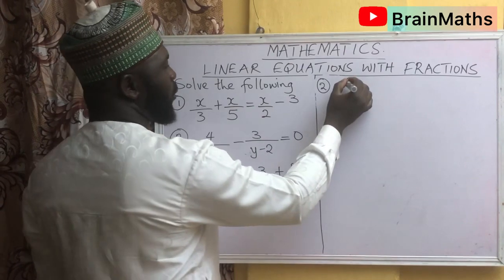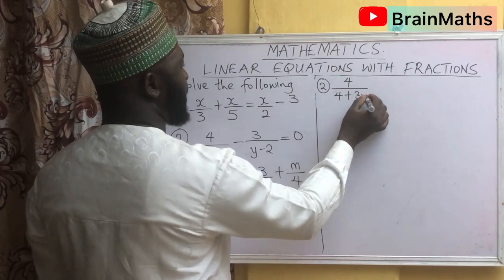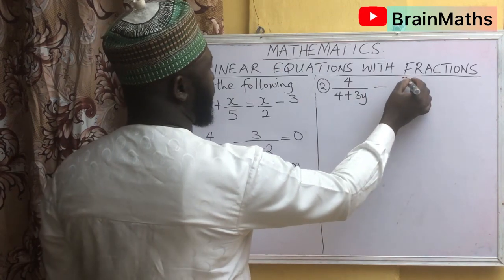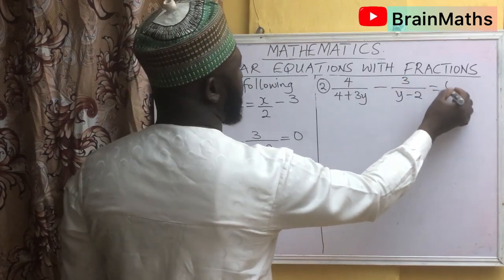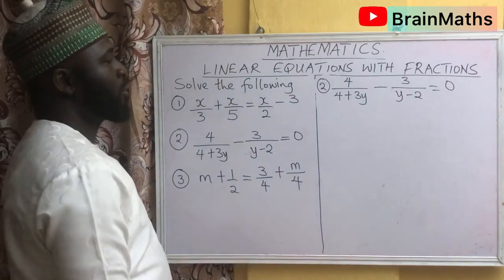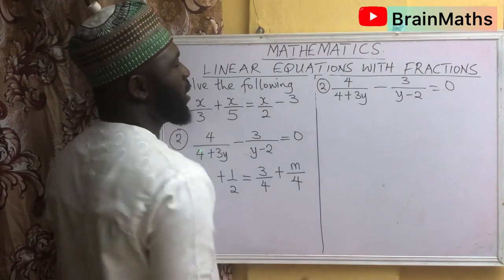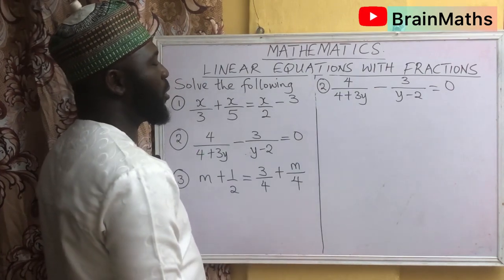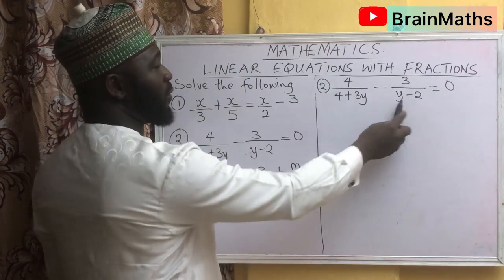Question 2 is 4 divided by 4 plus 3y minus 3 divided by y minus 2 all equals 0. So in order to solve this kind of problem, looking at the denominators, we are not having ordinary constant numbers, we are also having variables.